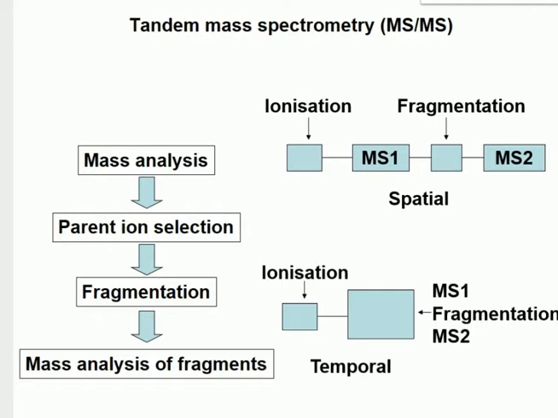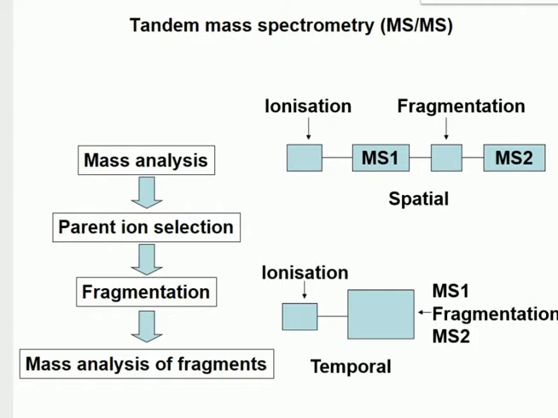So the top one is an example of a spatial tandem mass spectrometry. So you'd have two separate mass analyzers coupled together. For example, QTOF. And so mass analyzer 1, MS1, is where the parent ion is selected, and then fragmentation takes place, and then the masses of the fragments are measured in the second mass analyzer, MS2.